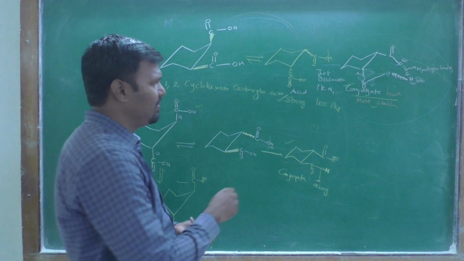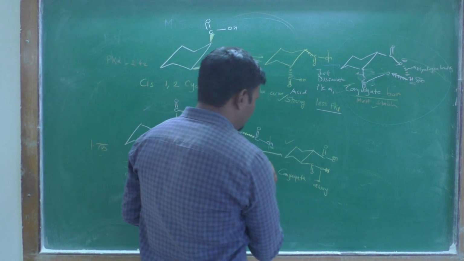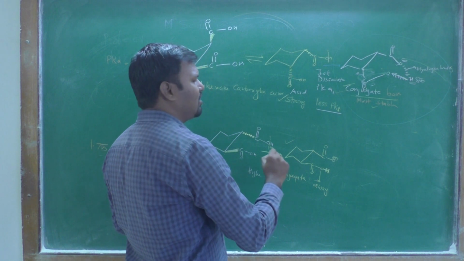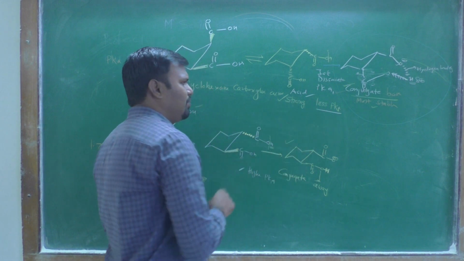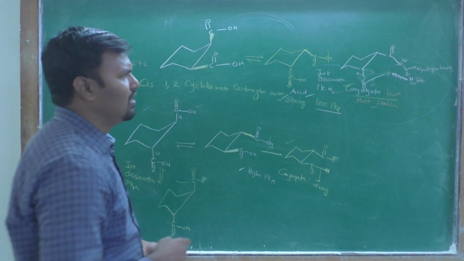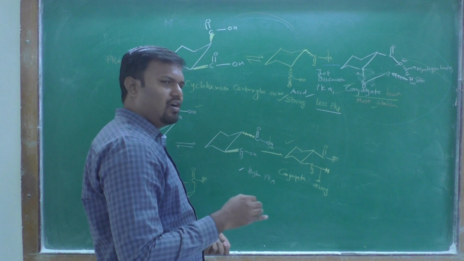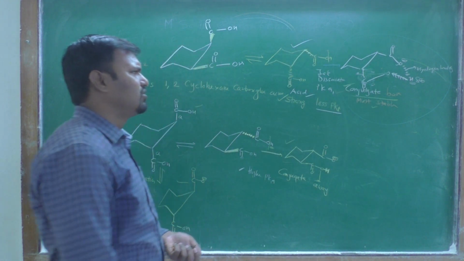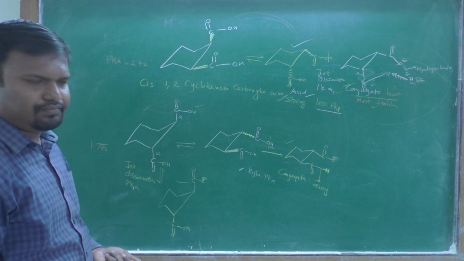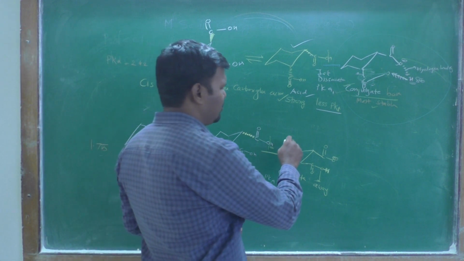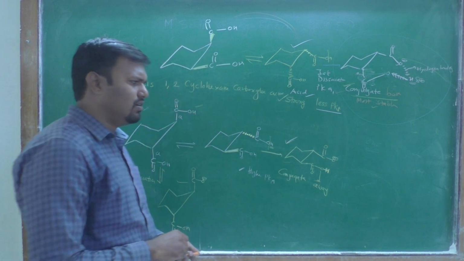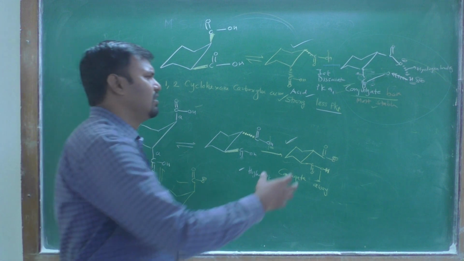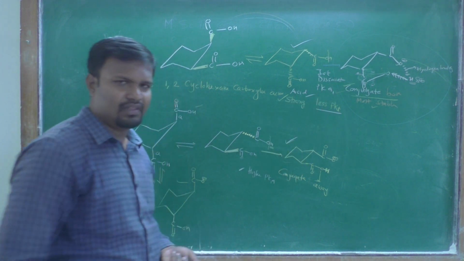Therefore when you compare, this has the lower and this has the higher pKa1 value, because we are comparing this with this. In the cis isomer the first dissociation is very easy, but in the trans isomer the first dissociation is not much easier than in this compound.